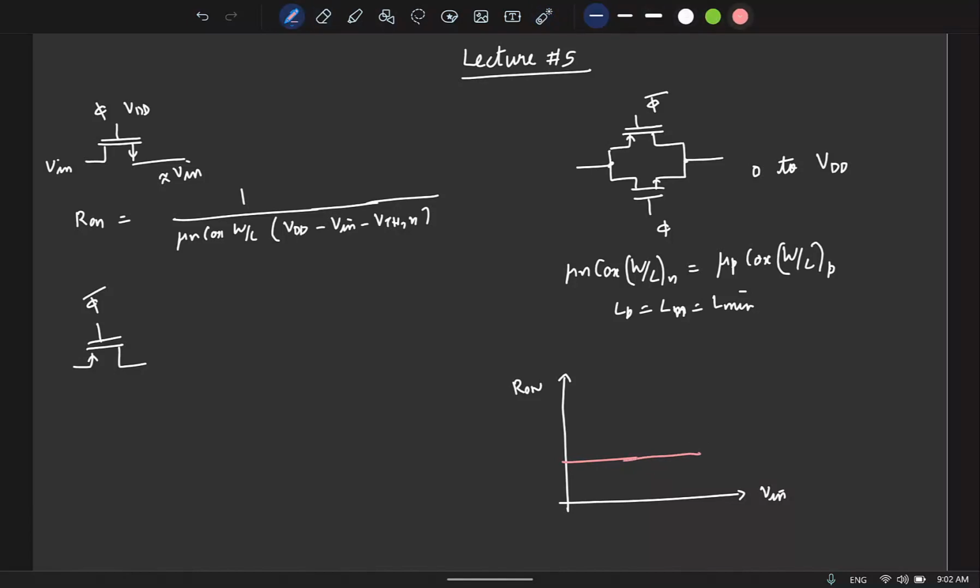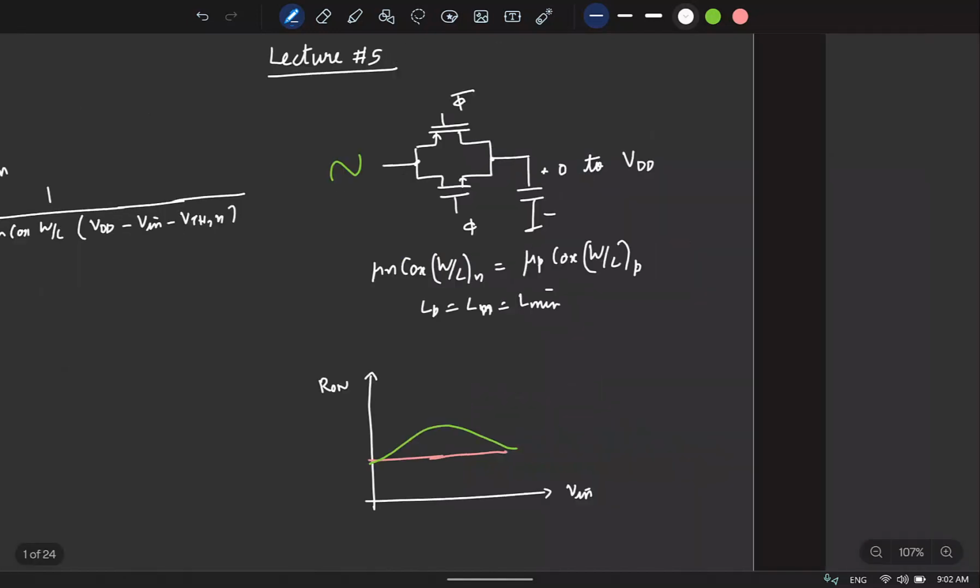So in reality, the on resistance for a CMOS switch will not be constant with input. You'll definitely see some variation with the input. And this is particularly a problem because the dependence is nonlinear. If you were to apply a time varying signal, say a sinusoid, and then look at the output samples, the samples will be heavily distorted.